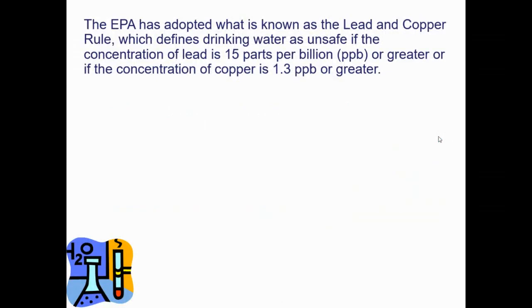Let's look at our last example. The EPA has adopted what's known as the lead and copper rule, which defines drinking water as unsafe if the concentration of lead is 15 parts per billion or greater, or if the concentration of copper is 1.3 parts per billion or greater.